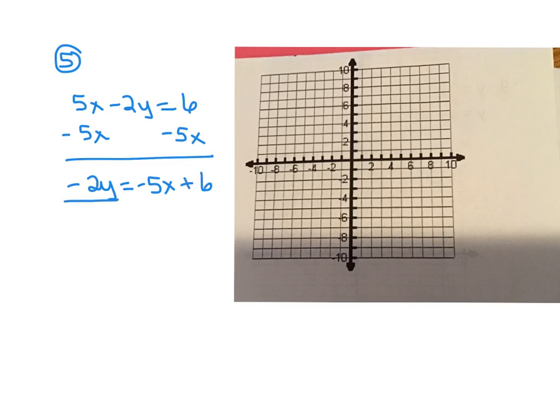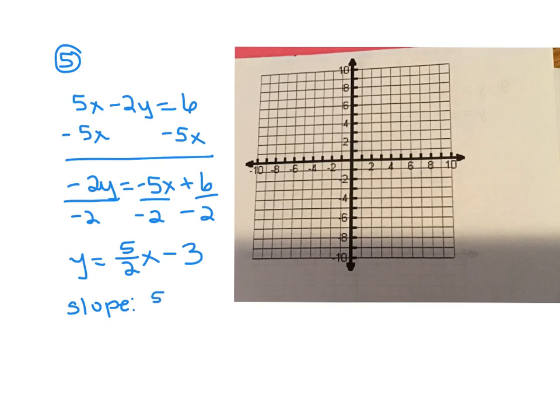Now be careful. Divide by -2, -2, -2. y equals 5/2 x, a negative divided by a negative is a positive, but now here, -3.